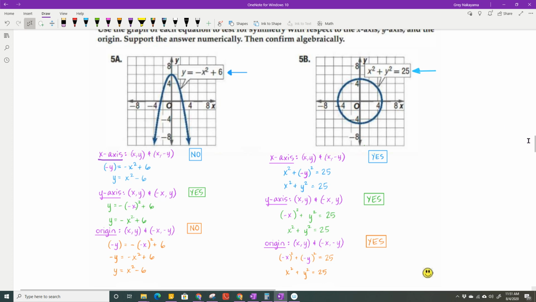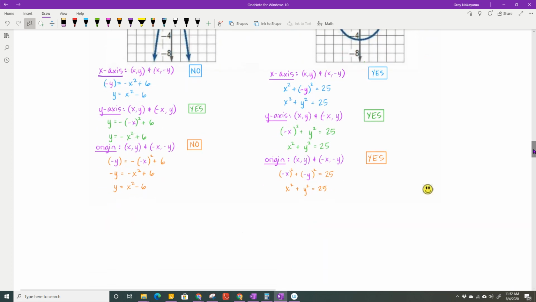Okay, real quick, so make sure you don't have any trouble with your homework, I wanted to review the degree of each of these equations. The degree of any equation is the degree of its highest term.